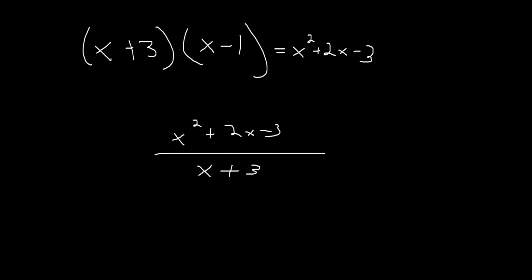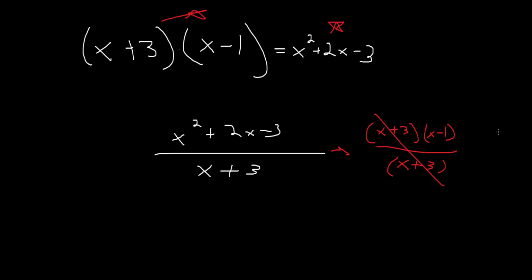Since we know that this and this are the same, we could rewrite that as x plus 3 times x minus 1, and then write that over x plus 3. Because these two are being multiplied, these would cancel. We should just get x minus 1. So we know that at the end of this division, we should just get x minus 1.